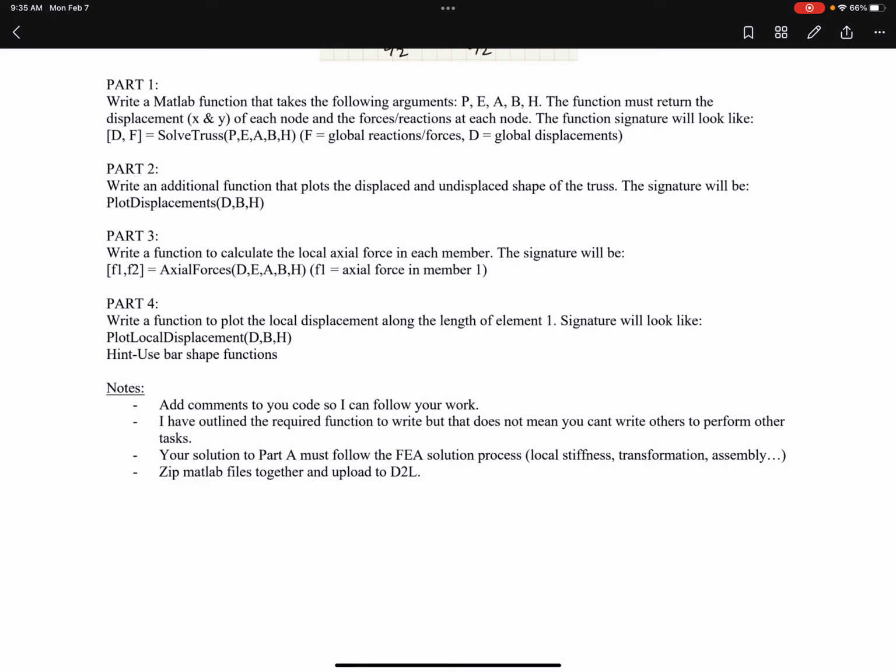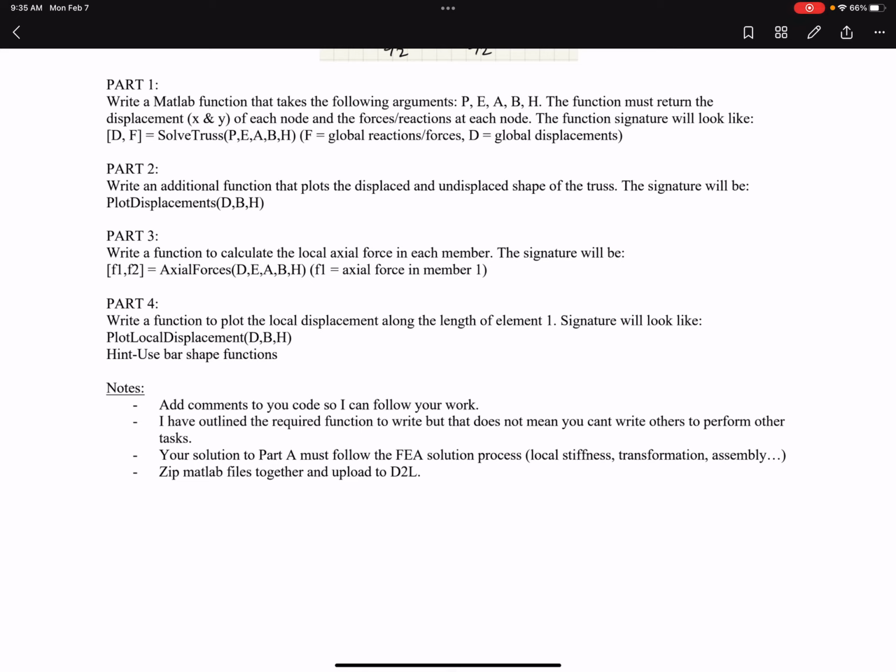And then finally, I'll set up a drop box in D2L so you guys can drop your actual code, because I'm gonna go through and have my own numbers and my own code. When you're done with this, you're gonna have 4 functions, and I should be able to evaluate these functions at any values of P, E, A, B, and H, right? And it should match my code, okay? So that's the end game.